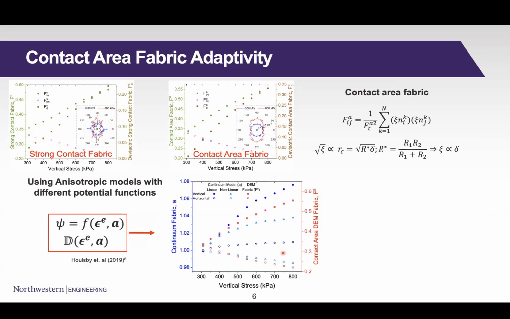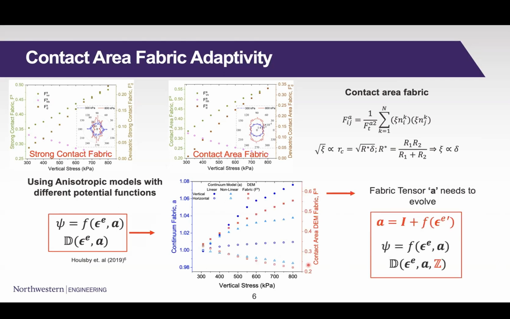And then we use this model and two different potential functions for linear elasticity and non-linear elasticity, and calibrated this model against the DEM data that I showed you previously. And we realized that this fabric basically needs to evolve even in the case of elasticity. And we proposed very simple evolution laws for this fabric, and therefore our stiffness will also evolve as this fabric evolves, and basically the stiffness becomes more and more anisotropic.